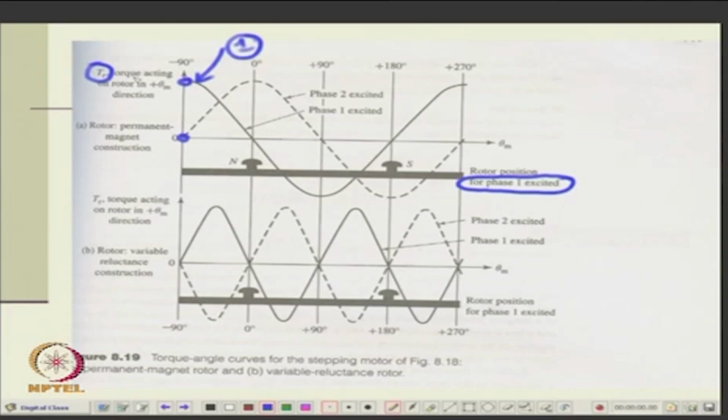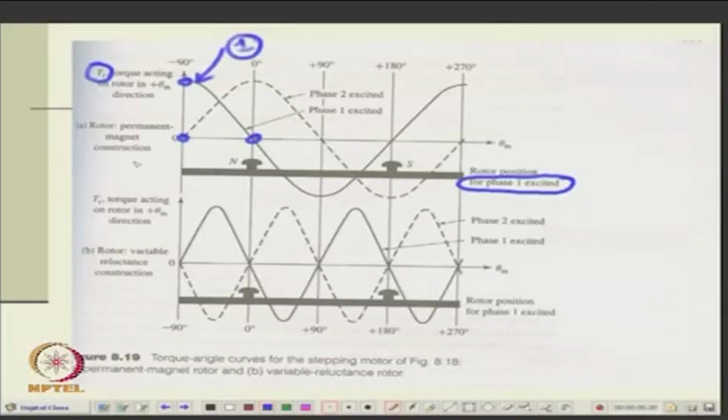When the rotor is at 0 degrees, it is in quadrature to the stator magnetic axis. So, it will experience the maximum torque, it will try to pull into synchronism. Then when it has already reached 90 degrees, it will not experience any torque. So, it will change like this.